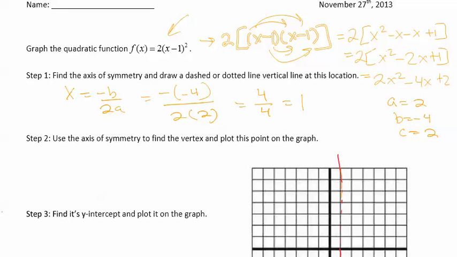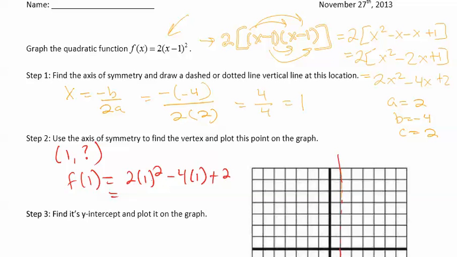Okay, so now let's use the axis of symmetry in order to find the vertex. Our vertex, remember, is going to be 1 comma whatever that y value is. So f of 1 is equal to 2 times 1 squared minus 4 times 1 plus 2. That's 2 minus 4 plus 2, which is 0. So f of 1 is equal to 0. You could also try it in the other form.